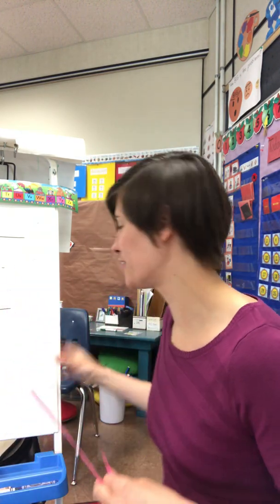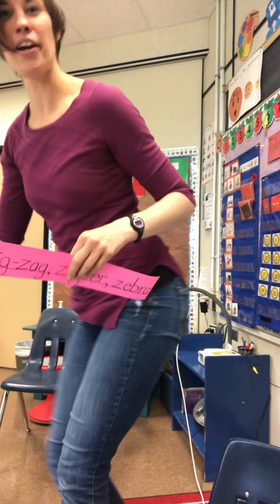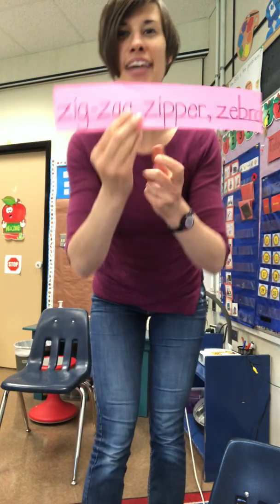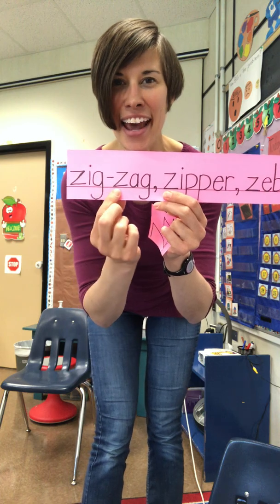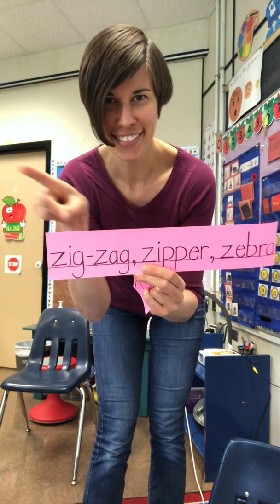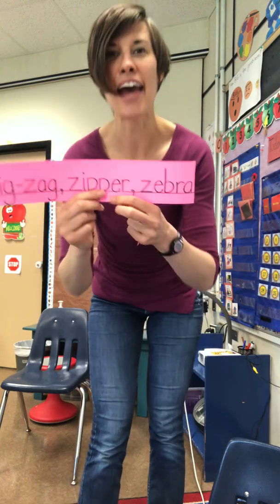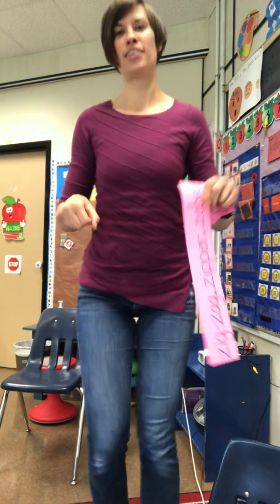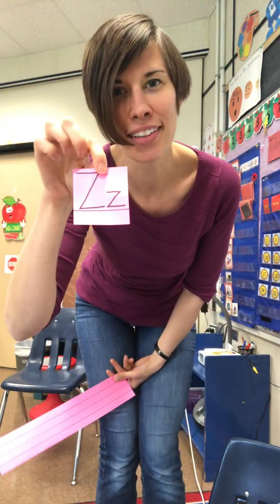So let's stand up and let's practice our song. Are you ready to try it with me? 1, 2, 3. What's the sound that starts these words? Zigzag, zipper, zip, and zebra. Gallop like a zebra. What's the sound?